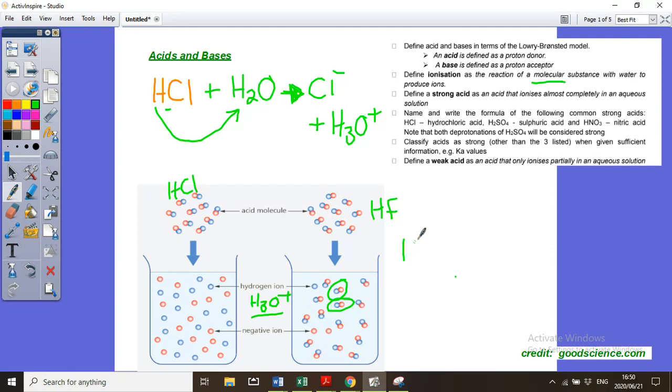When I write this reaction, I would write HF plus H2O exactly the same as for the HCl. But I can form F minus ions with my H3O plus ions, and remember that there can be some of these as well. Therefore, I need to write a double arrow for the weak acids where I write a single arrow for the strong acids.